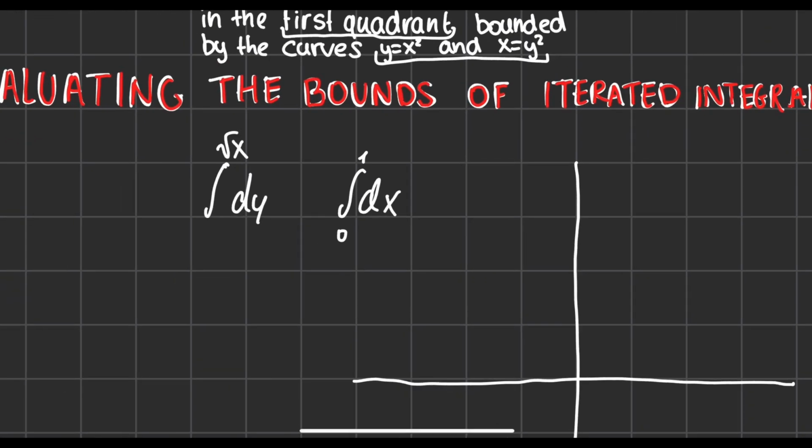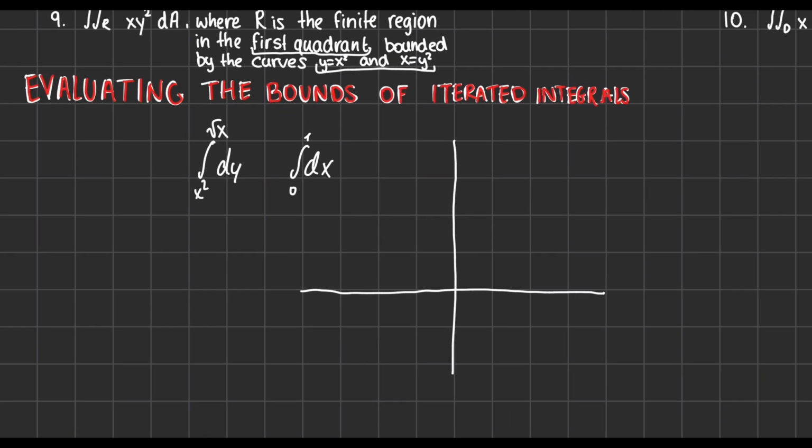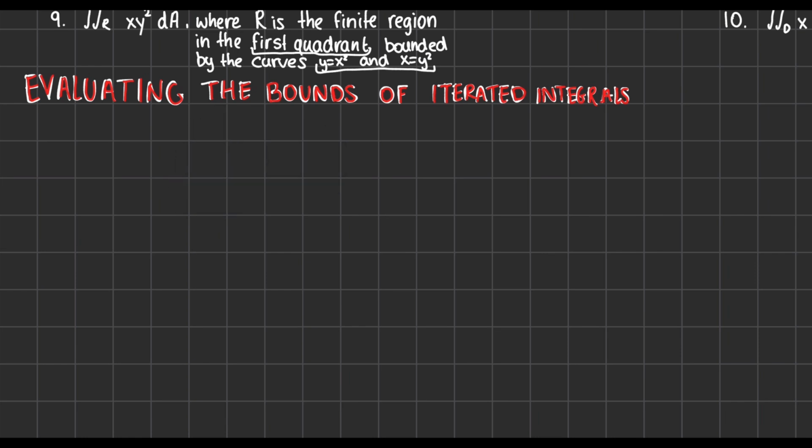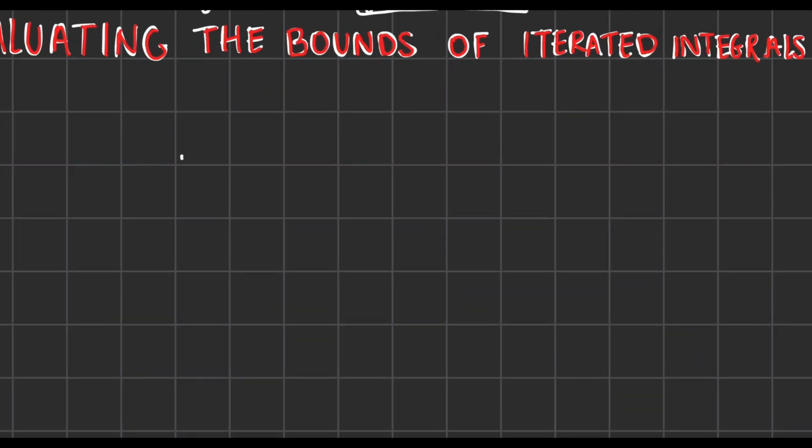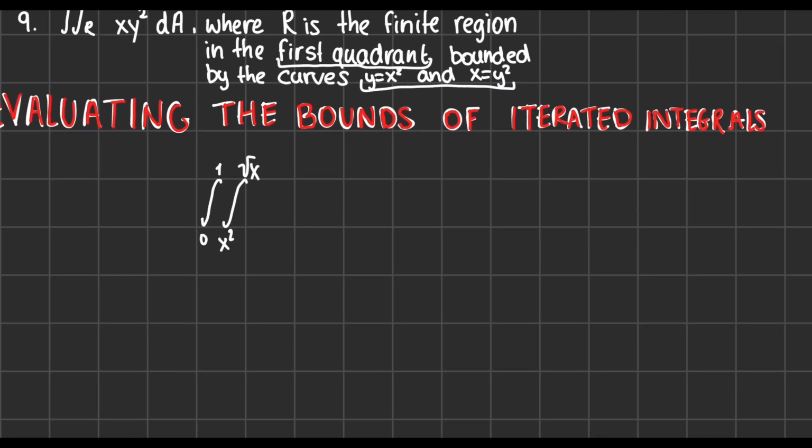Okay, so we found the upper and lower bound for dy, and now all we have to do is calculate the double integral. Rewriting that, we would get the lower and upper bound for dx, and the lower and upper bound for dy of the function xy squared. And then you need to be careful.